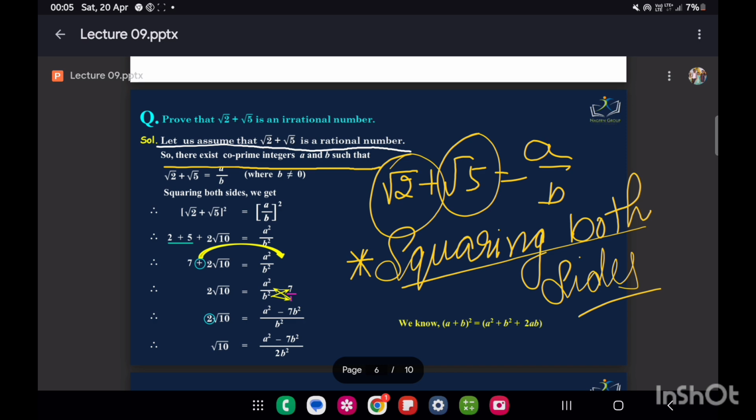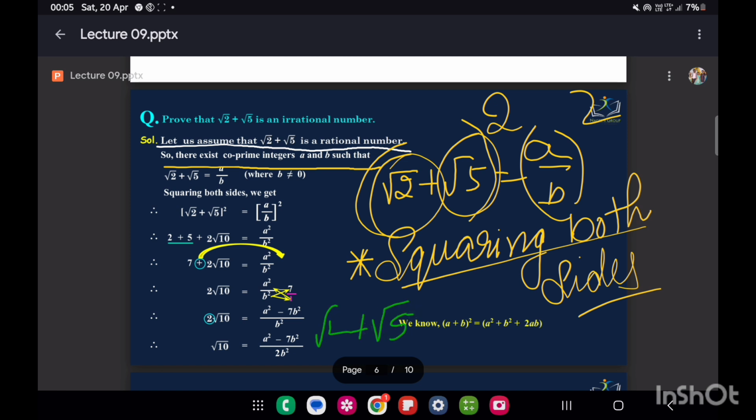Squaring both the sides, we will get root 2 plus root 5 whole square equals a by b whole square. Next we can tell that root 5 plus root 2 whole square is in the form of a plus b whole square, which is equal to a square plus b square plus 2ab.